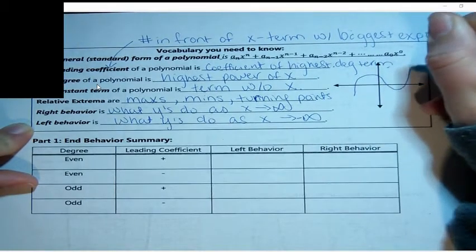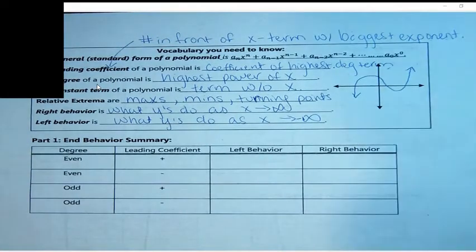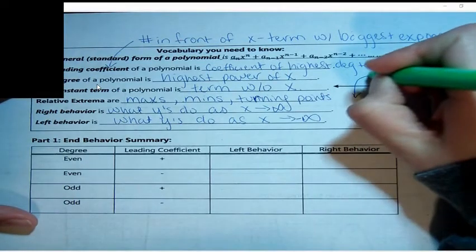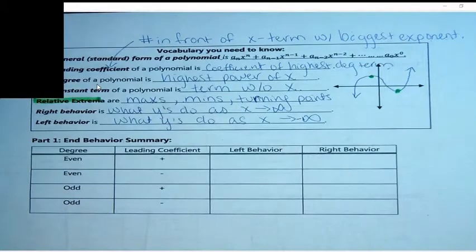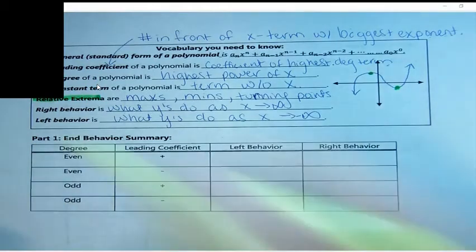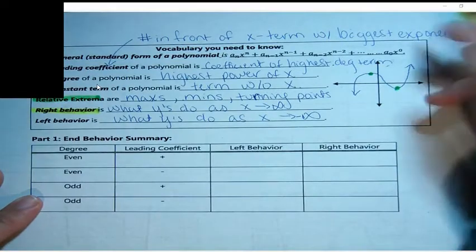All right, so if I drew out a function, okay, let me get some highlighters. So the turning points or the relative extrema are going to be like here or here. I'm going to highlight this in green. Okay, those are a max or a min. And then your right behavior is what y's do as x goes to infinity.